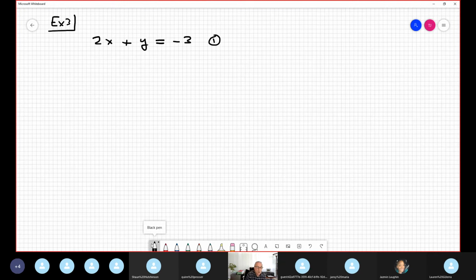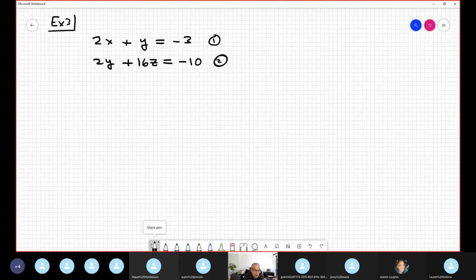Sometimes it happens that one variable is missing in one equation. It is possible. The second equation is 2y plus 16z equals -10. And this is equation 2.